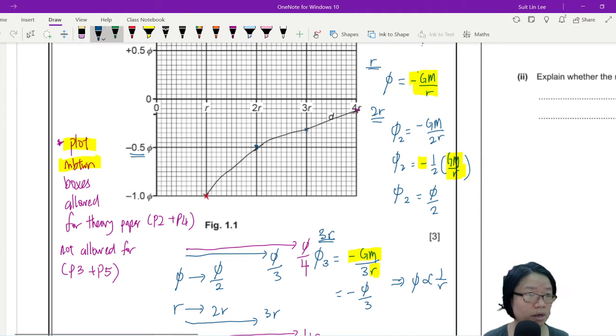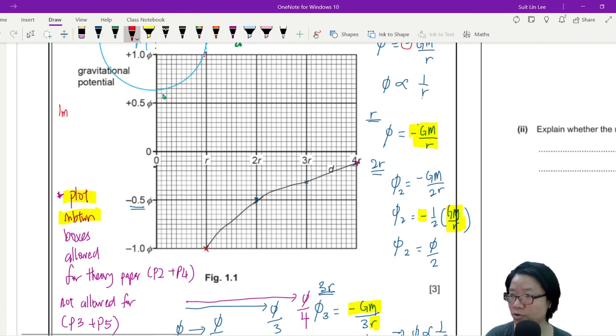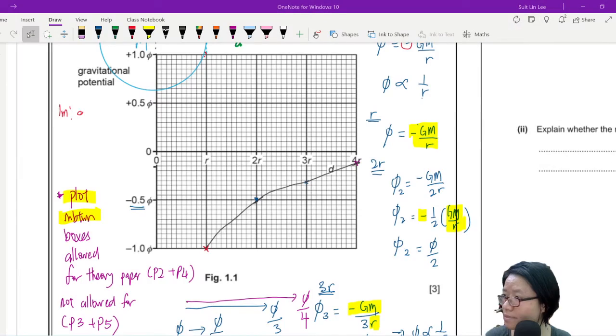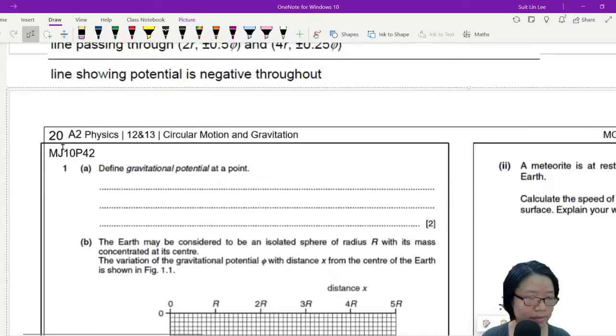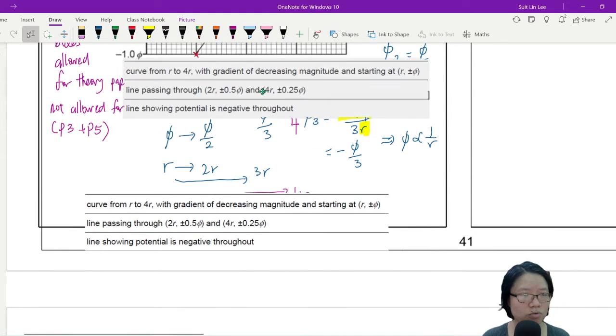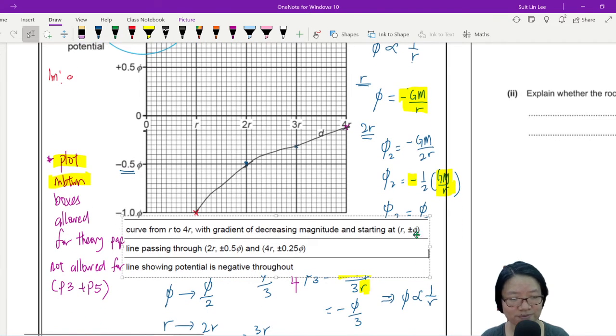All right, where are the marks? I'm going to use red to show you where the marks are. It's 3 marks, right? I'll tell you what, I'll just crop the mark scheme. Your curve from R to 4R with gradient of decreasing magnitude and start at R plus minus potential, 1 mark.